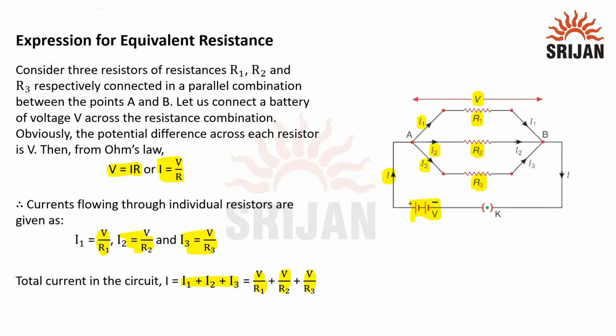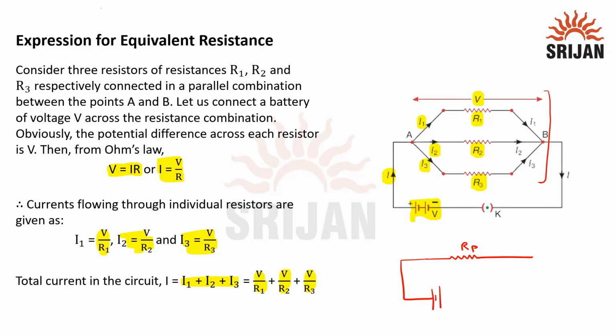Now before moving on, let us discuss what is an equivalent resistance. To understand it, let us suppose I replace these three resistors R1, R2 and R3 with a single resistor. I am drawing the circuit again and I am replacing these three resistors R1, R2 and R3 with a single resistor of resistance Rp, and this resistance is called equivalent resistance.